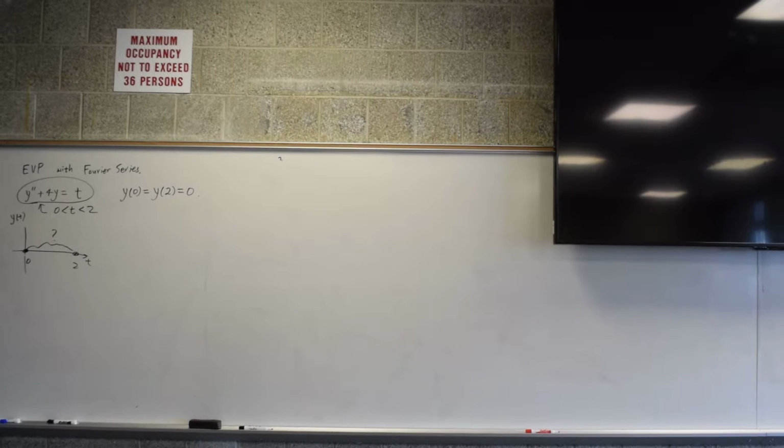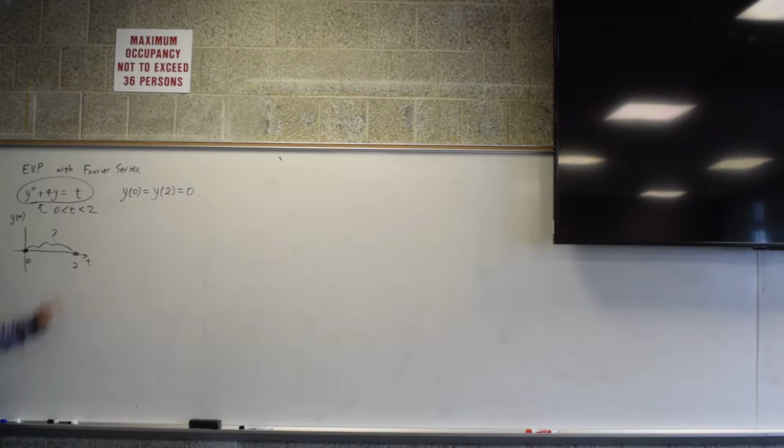Usually you apply this method for the case when the right side, the non-homogeneous term, is a function that's not continuous. And the reason for that is if it's just like t, then you can just use your old method.